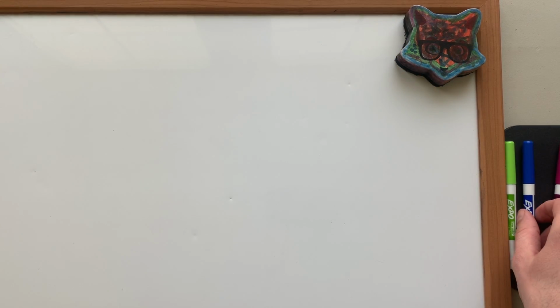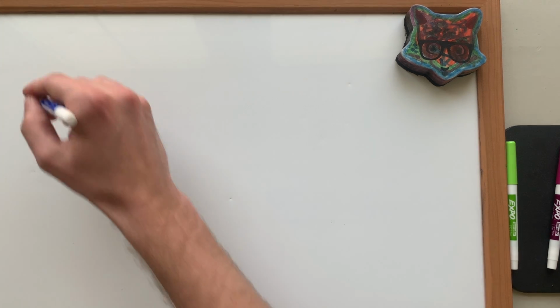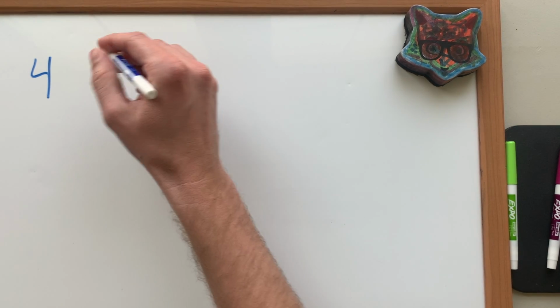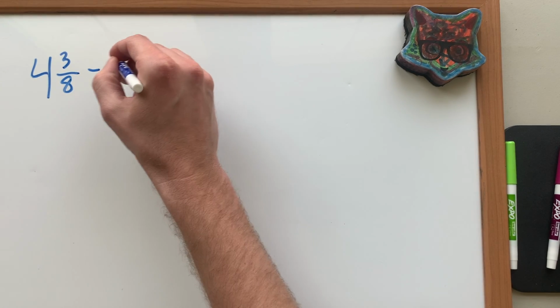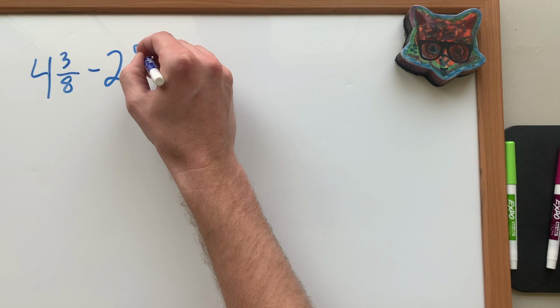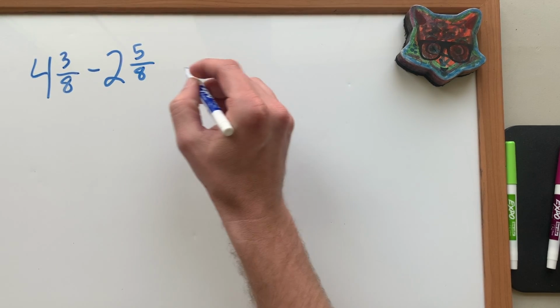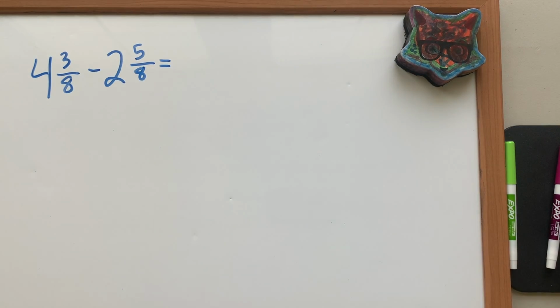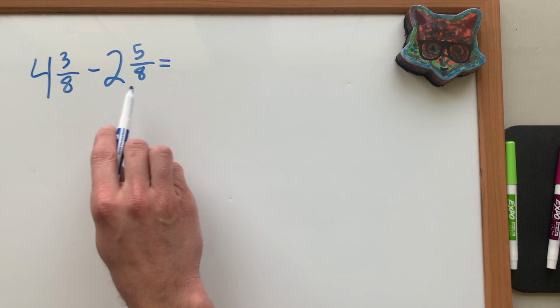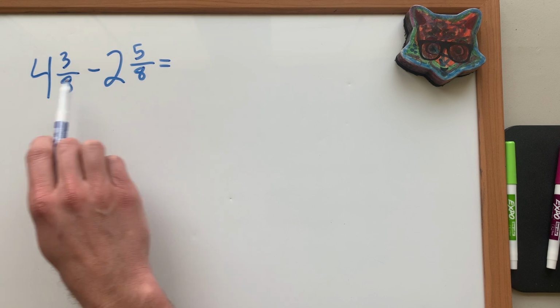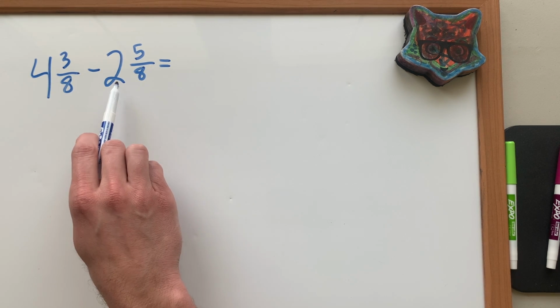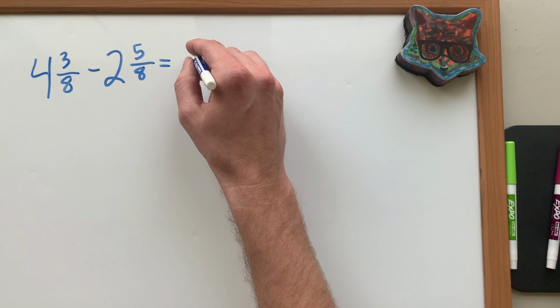Let's look at an example where we are subtracting two mixed numbers that have the same denominator, like 4 and 3/8 minus 2 and 5/8, but with a little bit of a twist. When you have the same common denominator, we've said that you can subtract or add the whole parts. 4 minus 2 is 2.